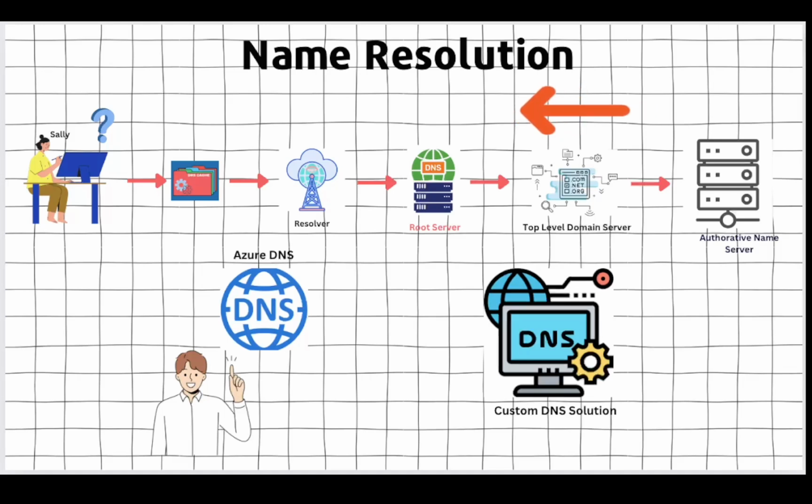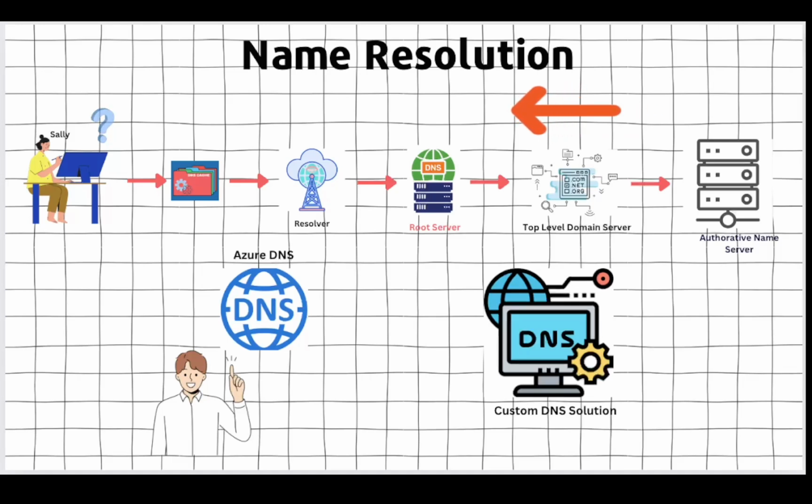For example, you have virtual machines and on-premises machines and you want to resolve names between them. You will need a custom DNS resolver because all your on-premises machines' information will be stored in the custom DNS solution. It may not be available in the publicly available DNS, so it should be in a private DNS.